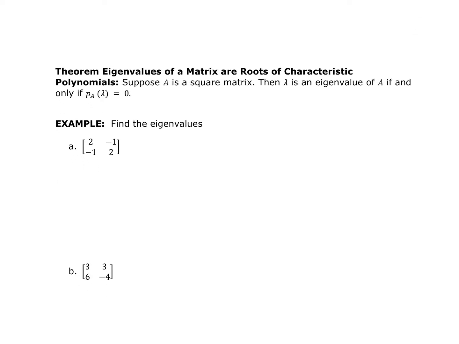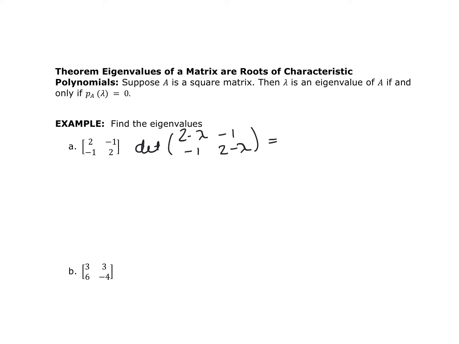Here's our first theorem. It says the eigenvalues of a matrix are roots of the characteristic polynomial. So those eigenvalues are the roots, which we kind of expected. Let's go ahead and find the eigenvalues for this. Now remember, it's going to be the determinant of 2 minus lambda, negative 1, and negative 1, and then 2 minus lambda.